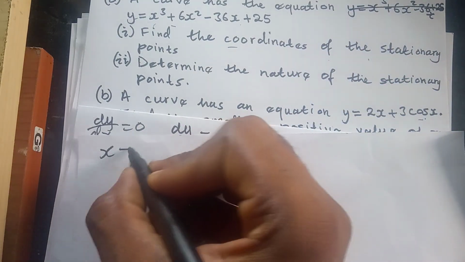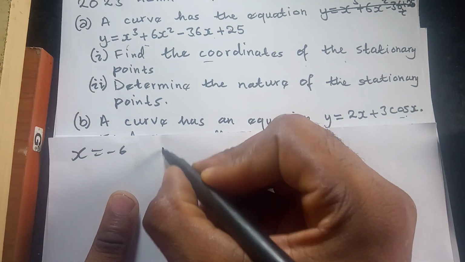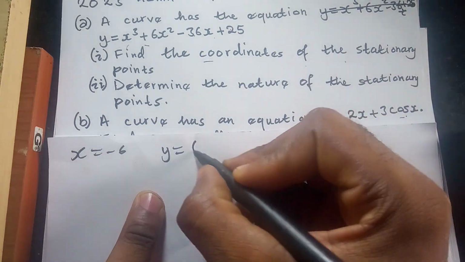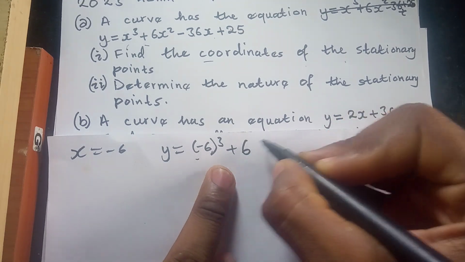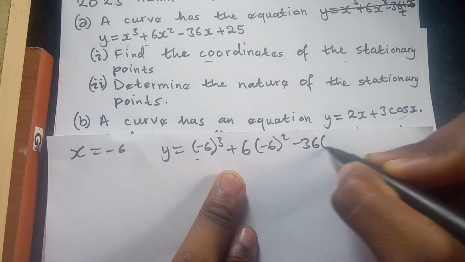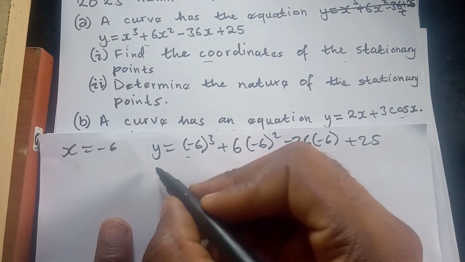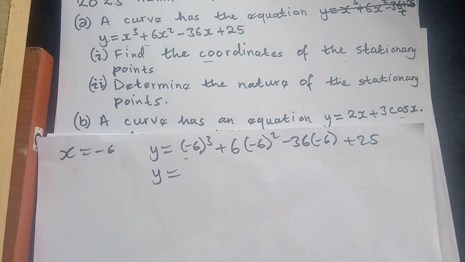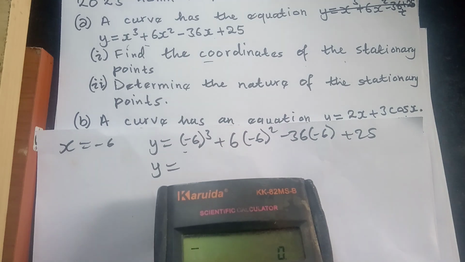Our x is equal to negative 6, and then this is the equation. So let's just substitute into the equation. This will be negative 6 to the power 3 plus 6 times negative 6 squared minus 36 times negative 6, and then plus 25. So to find this, I'll punch everything on the calculator to shorten the video as much as possible.